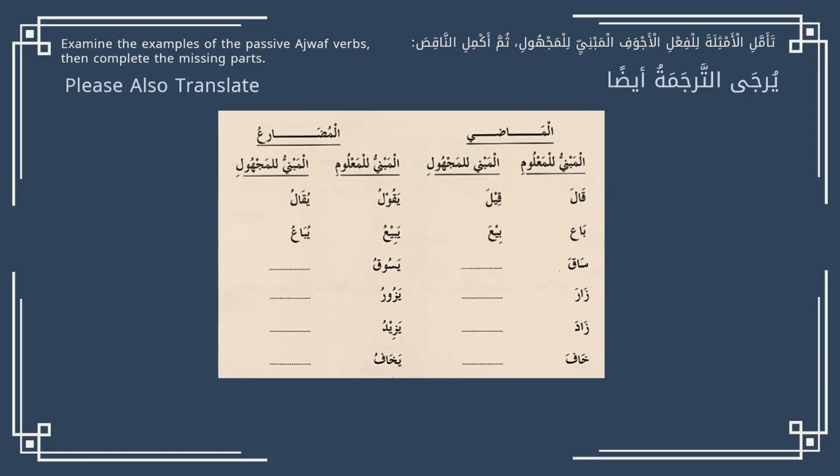So the first side, on the right side, is for Brother Abdullah Saeed: Saka, Zara, Zada, Khafa. You have to do the fill in the blanks for Mabni al-Majhul, which is for Madi. And then the left side is for Brother Ahmad Keen: Yasuku, Yazuru, Yazidu, Yakhafu.